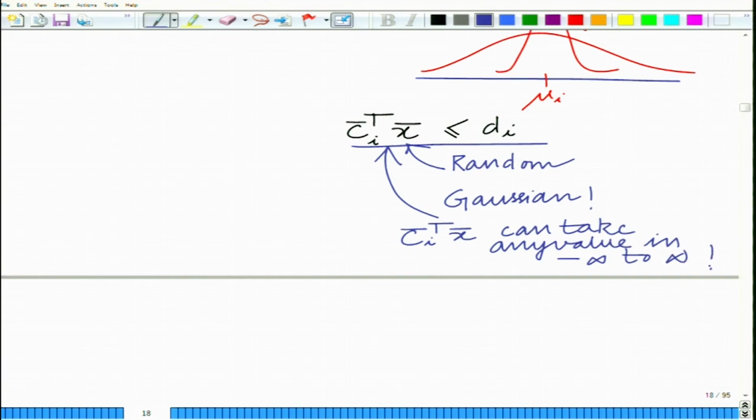That is the other interesting thing. Remember, C bar I transpose x bar previously was a deterministic quantity, now it is random. So it can take any value between minus infinity and infinity, which means that it need not be less than or equal to di. There can always exist some values of this vector C bar I where this exceeds di.